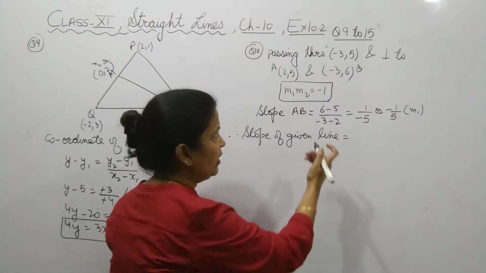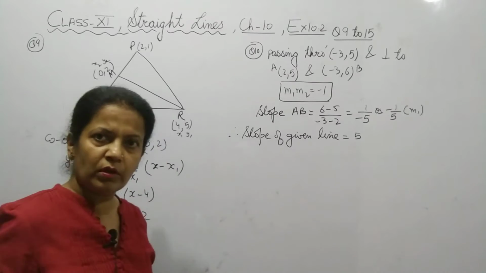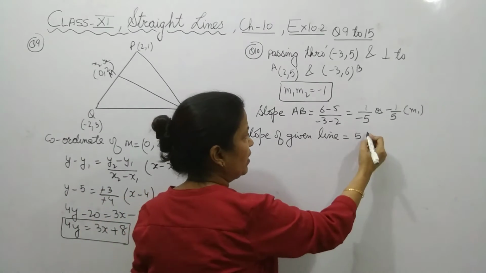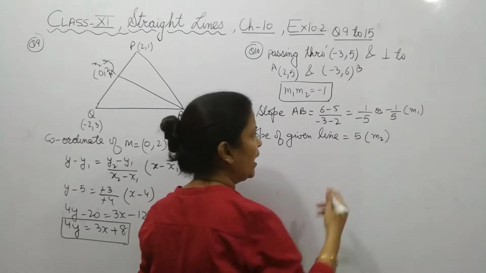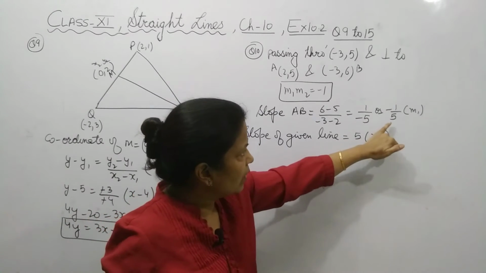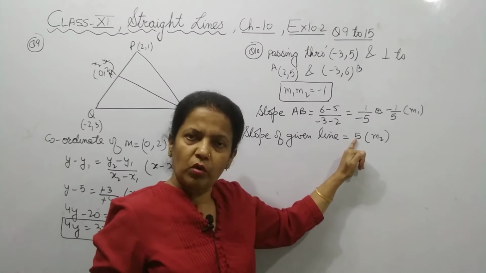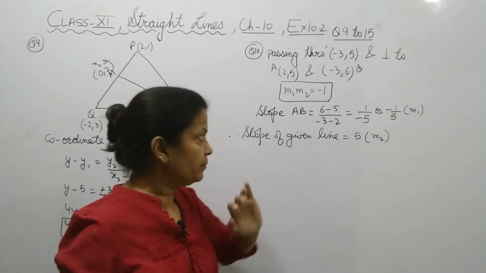If you use it over here, it will come as 5, the reciprocal of this and negative. Let it be m2. The slope of the given line you have got. Look here, m1 into m2, you are getting minus 1.